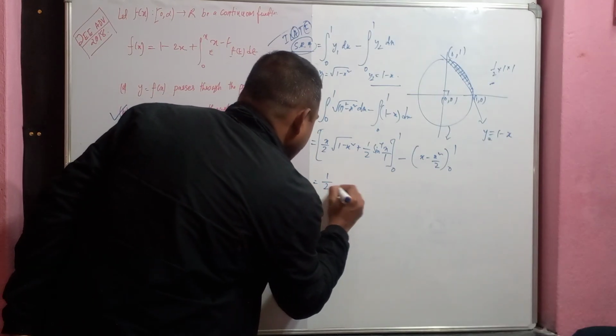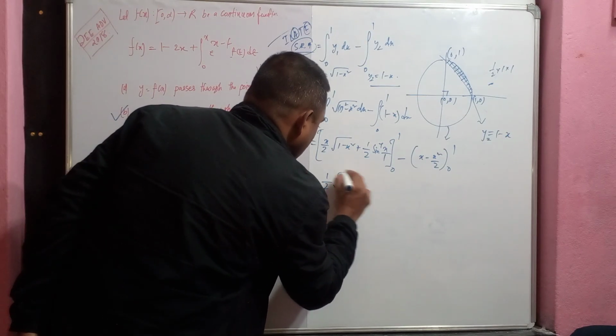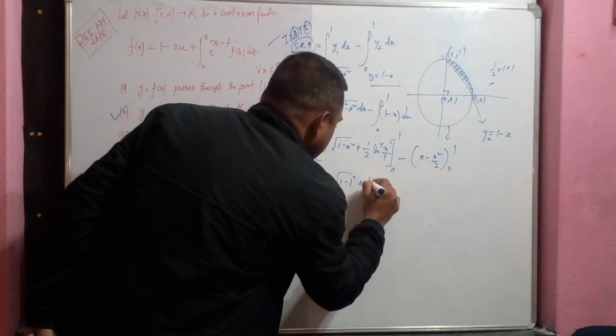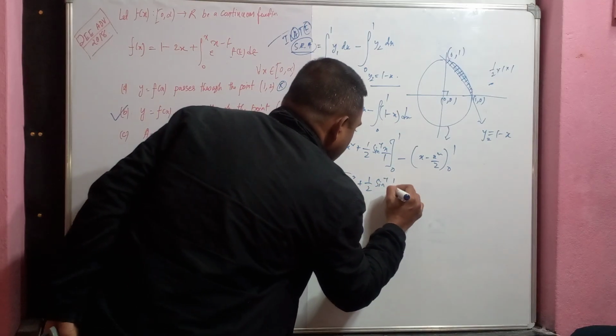Upper limit minus lower limit: 1 by 2 root over 1 minus 1 square plus 1 by 2 sin inverse 1 by 1.